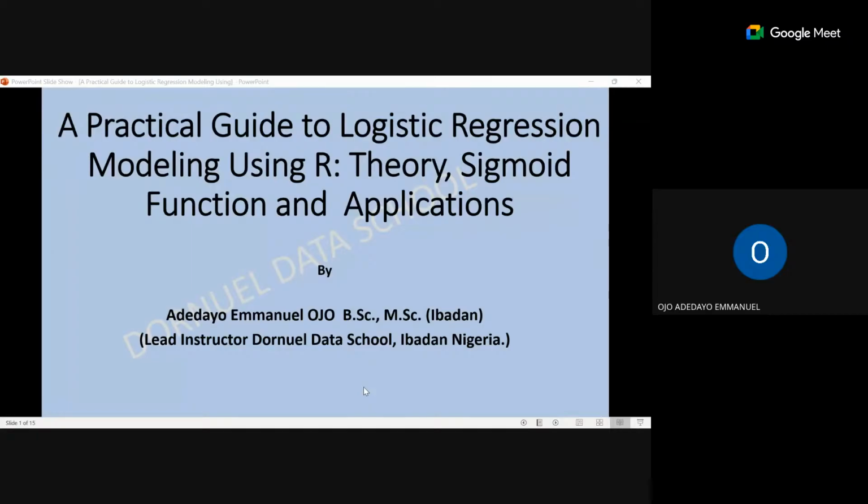Someone from our YouTube channel asks, how do we get the R Studio? If you want to get R Studio, just go to your Chrome and type R Studio download. R is free and open source, so you don't need a license, unlike other statistical software like SPSS, Stata, and SAS, that you need a license for.